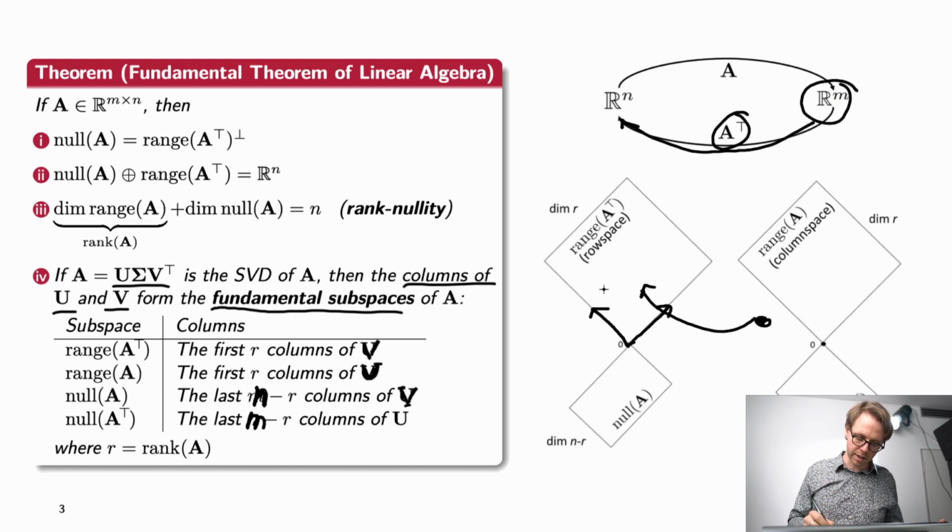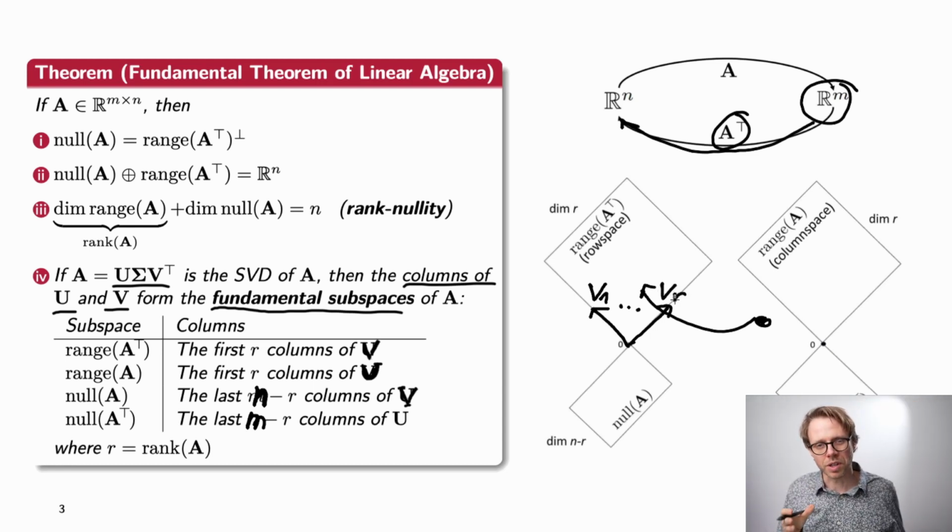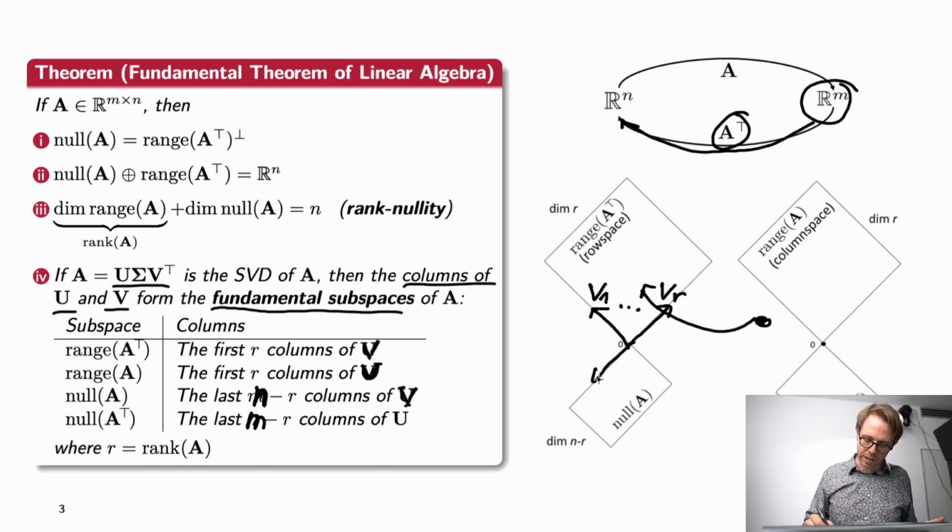In particular, only the first R of them, V1 through VR. Remember, only the first R singular values are actually larger than 0, meaning that the remaining n minus R, which form the null space of A, will never be used.